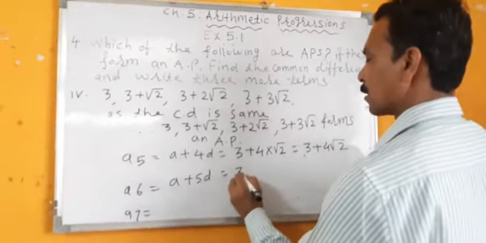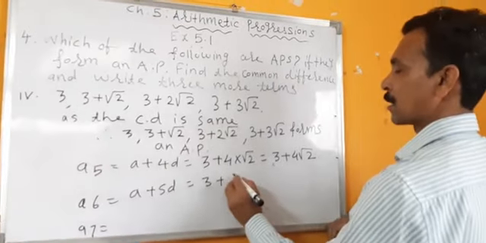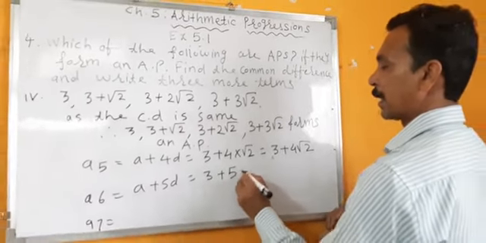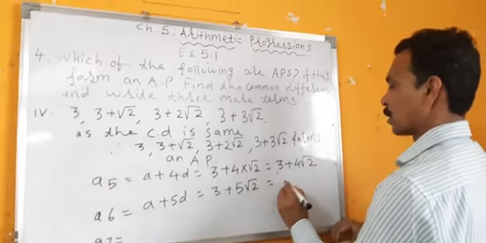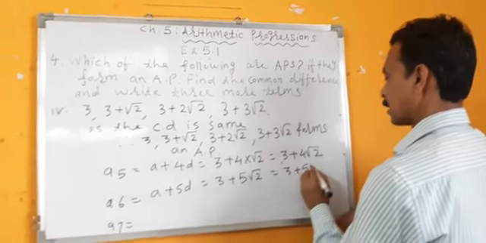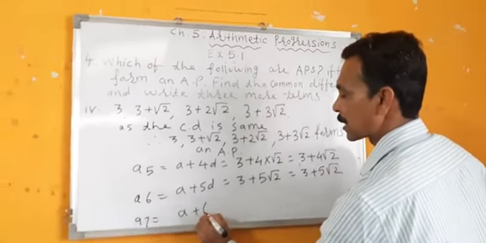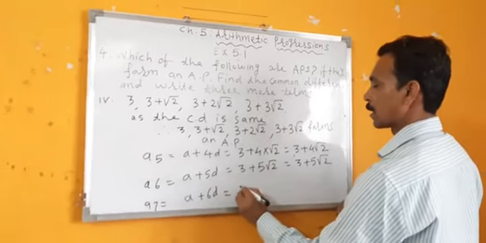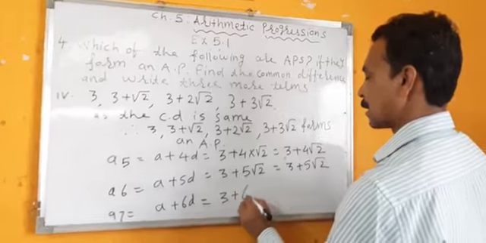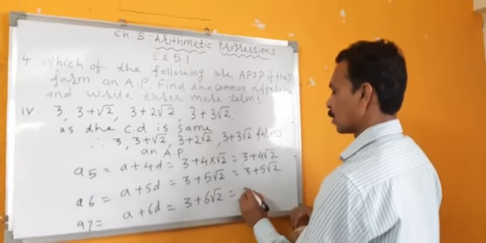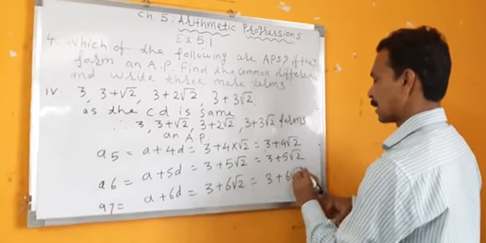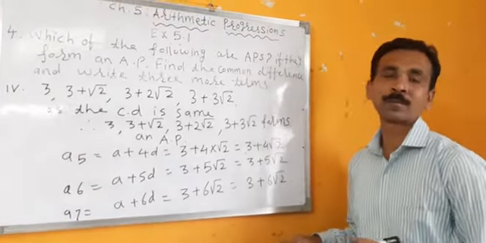A is what? 3 plus 5 into D, what is D? Root 2. So it becomes 3 plus 5 root 2. A7 is equal to A plus 6D, which is 3 plus 6 into root 2, is equal to 3 plus 6 root 2.